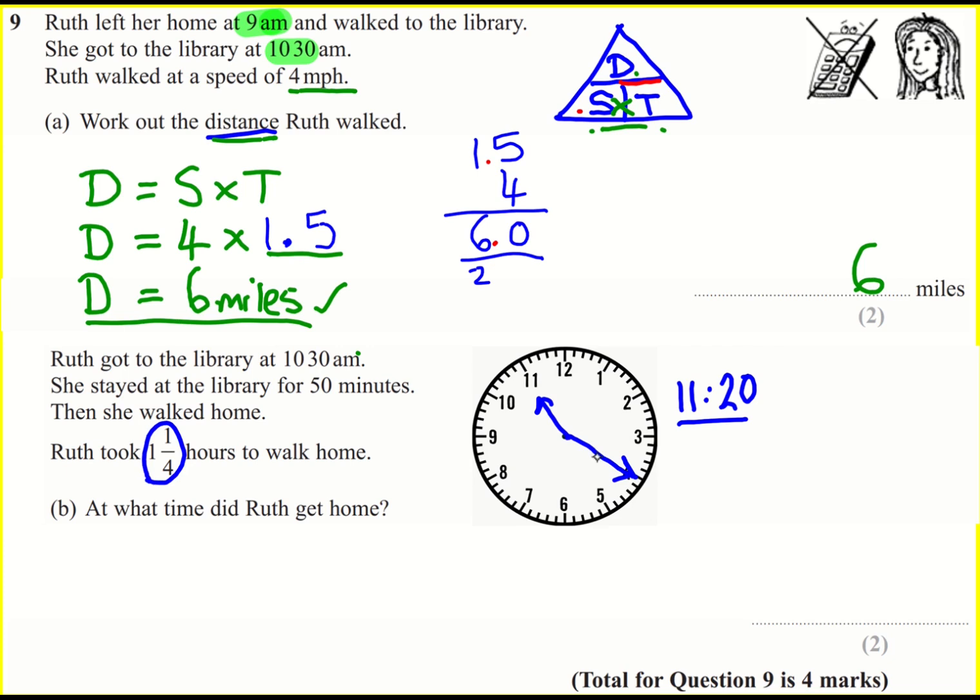Okay, so a full hour would take you to 12:20. That would be 12:20, but then an extra 15 minutes because a quarter of an hour is 15 minutes. So full hour would take you to 12:20, 12:25, 12:30, 12:35. So 12:35 would be your final answer.